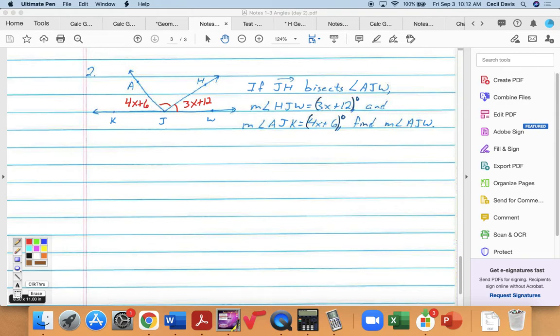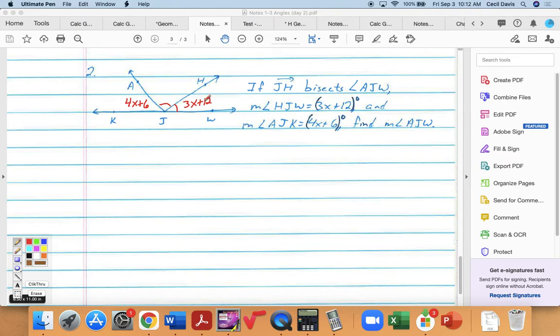We want to find the measure of angle AJW. Now, is the 4x plus 6 equal to the 3x plus 12? No.